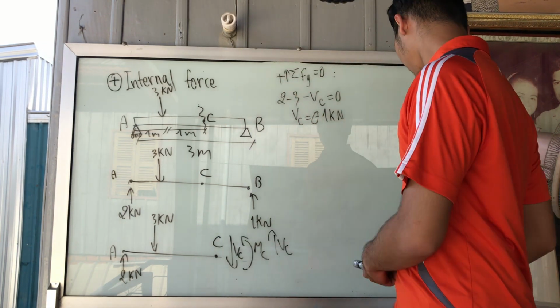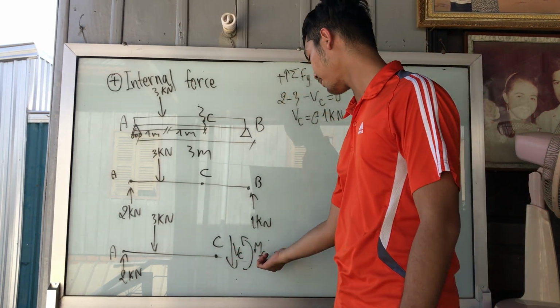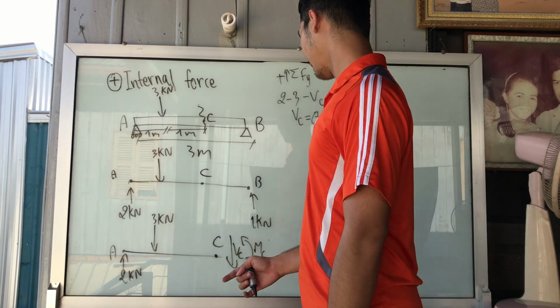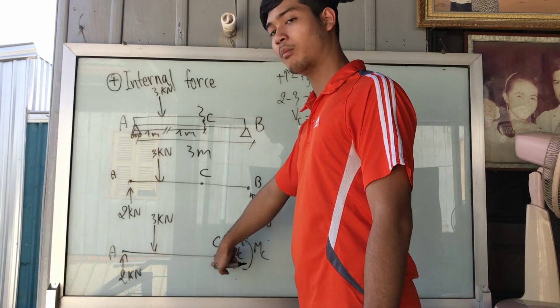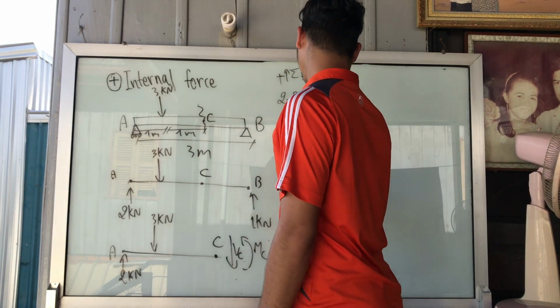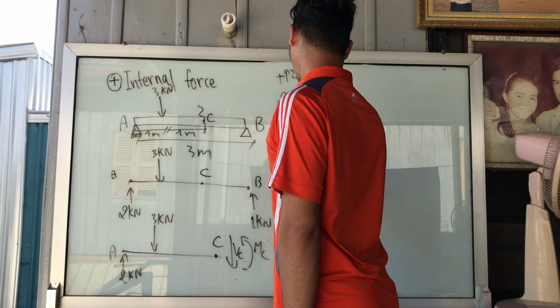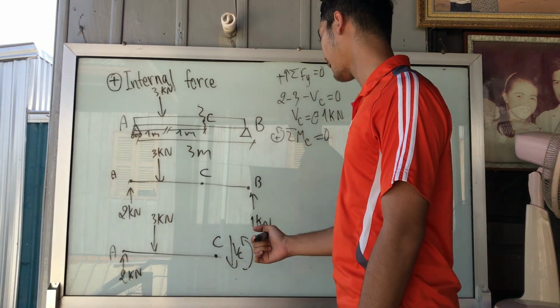Okay. And then we find the moment at point C. Use the moment method. Sigma Mc equal to 0, counterclockwise direction is positive.